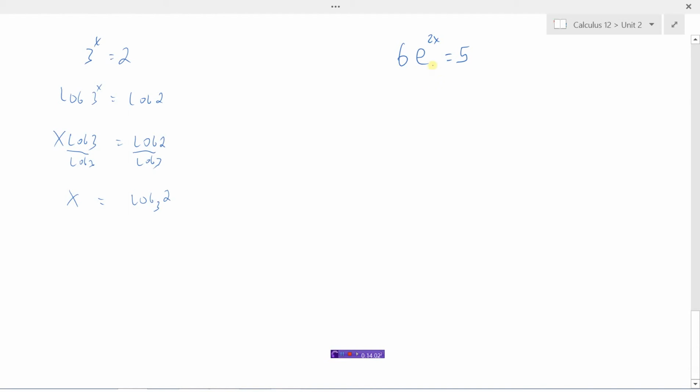Here's another one. Now this one has a base e in it, so it would make more sense to take the natural log of both sides. So I'd have ln of this side equals ln of that side. Now here we have log of a times b, so our log rule says that should be log a plus log b.